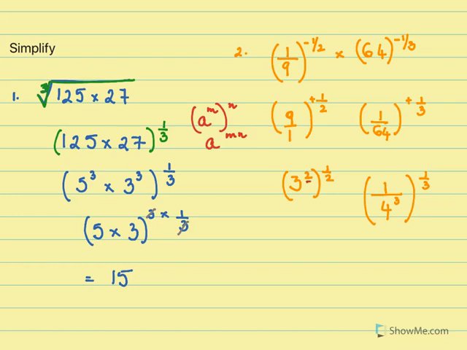So I need to multiply both these powers. So I have 3, 2 into 1 by 2, which is 3. And in this case I have 1 by 4, 3 into 1 by 3. It cancels, becomes 1 by 4. This 3 cancels. So my answer now is 3 by 4.